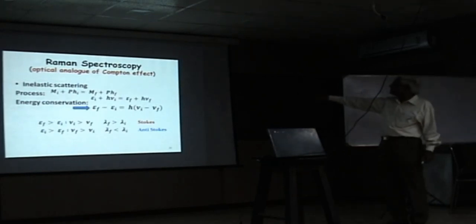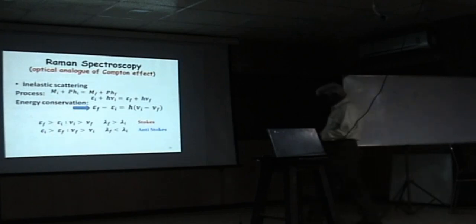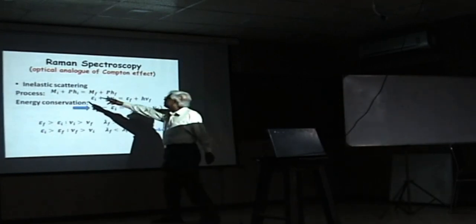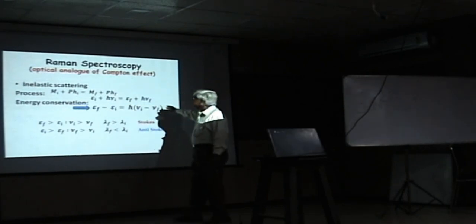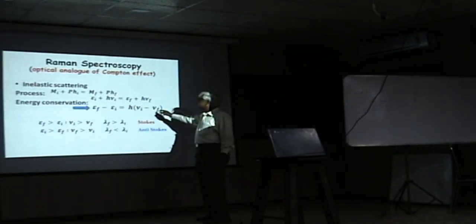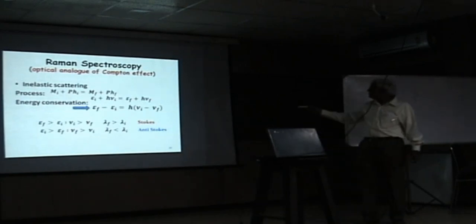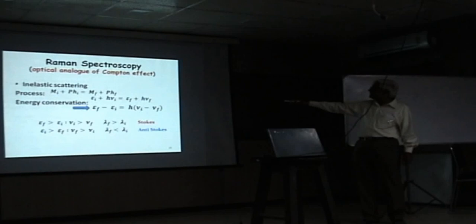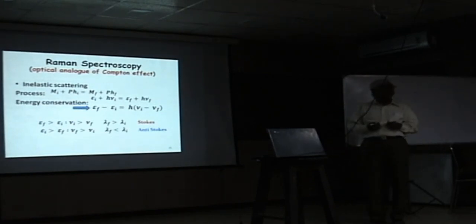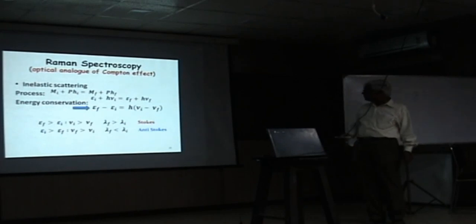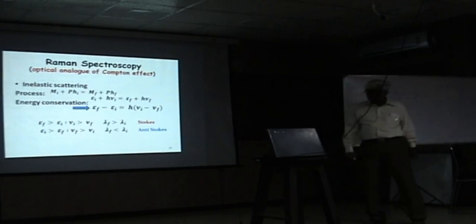So we have epsilon F minus epsilon I. If we apply the law of conservation of energy, we have this equation, and after some rearrangement we get this equation. If epsilon F is greater than epsilon I, then the wavelength of scattered light is greater than the wavelength of incident light. This is known as Stokes lines, and the reverse is known as anti-Stokes lines.